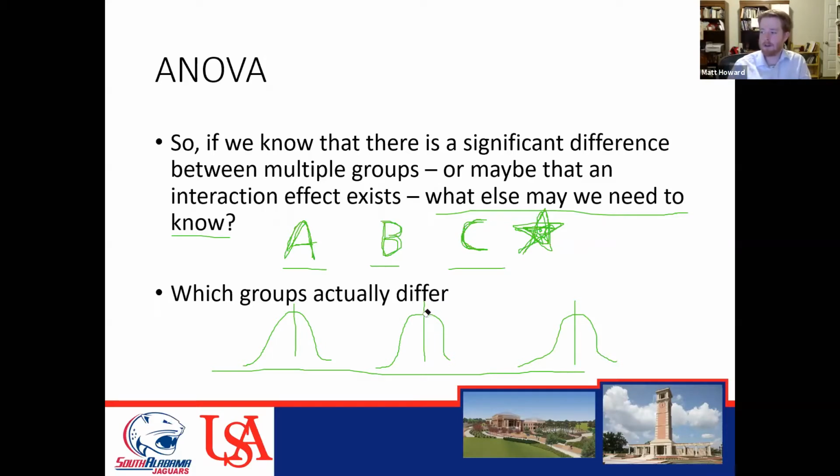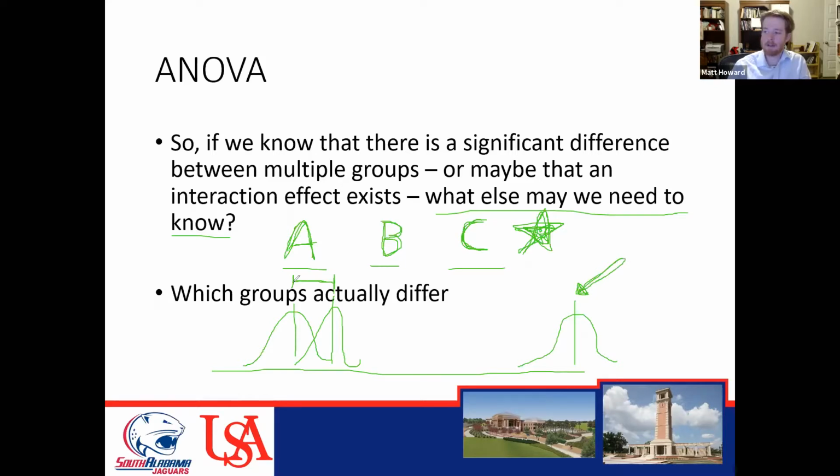However, if we ran an ANOVA, this would also be statistically significant. In this instance, there's not a difference between A and B. A and B are really close together and really similar. However, C is all the way out here. C is the thing that's driving this statistically significant ANOVA effect by itself.